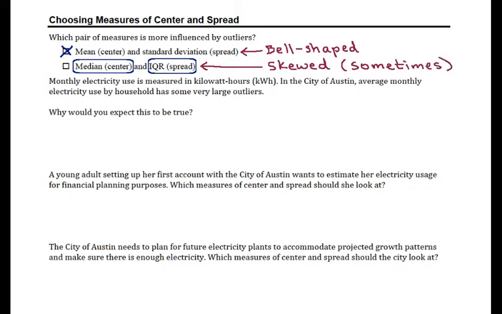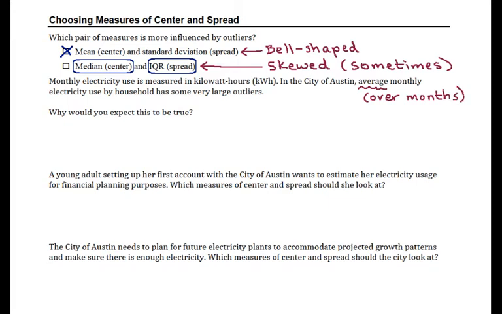Take, for example, monthly electricity use, which is measured in kilowatt hours. In the city of Austin, the average monthly, and where we say average here, we mean averaged over the months. Just realized that wasn't totally clear because we're talking about an average of averages.